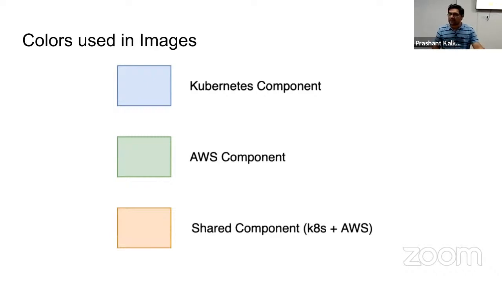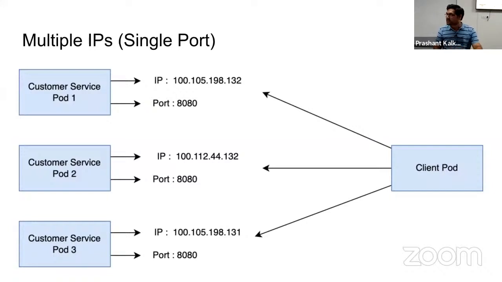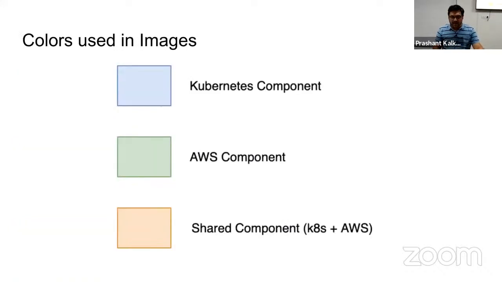because this will also allow you to understand where we are when we are looking at the images in this presentation. So anything that is marked with blue, essentially all these components are Kubernetes components. Anything that is marked with green are the AWS components.